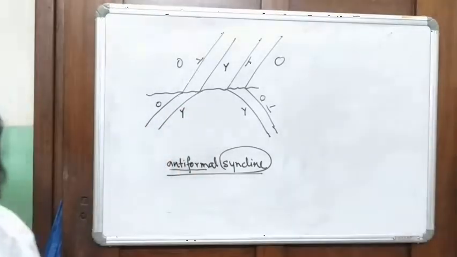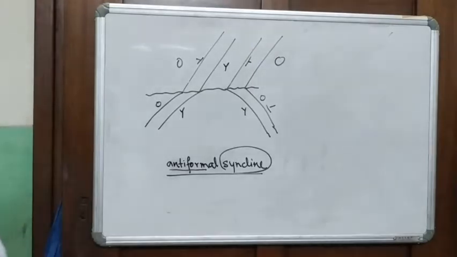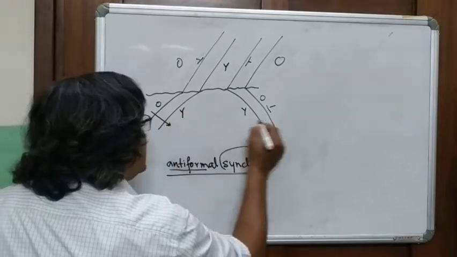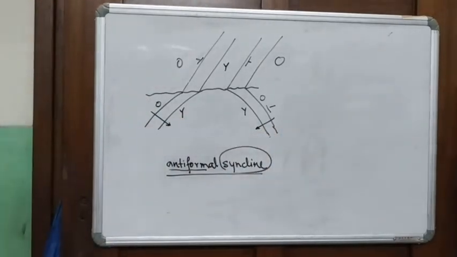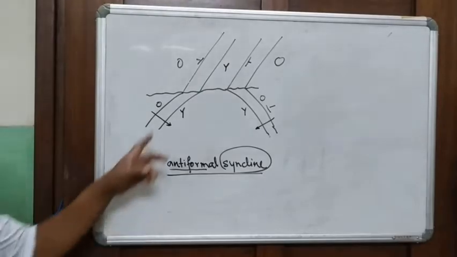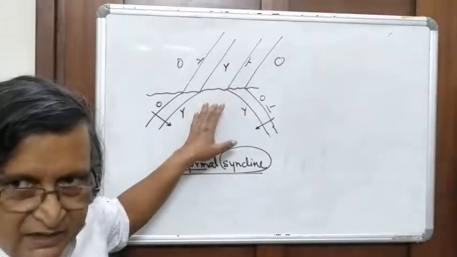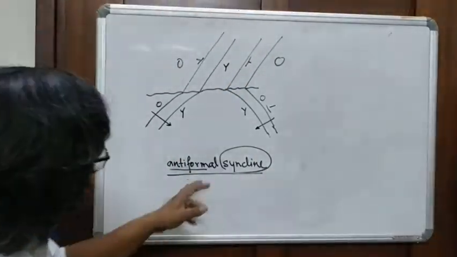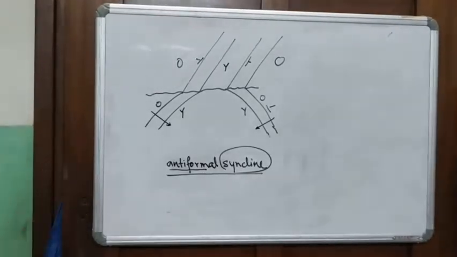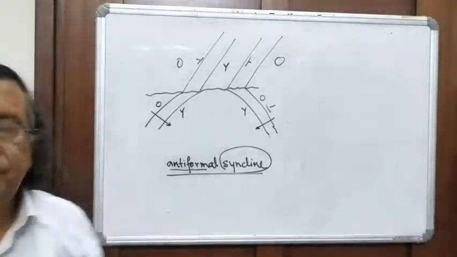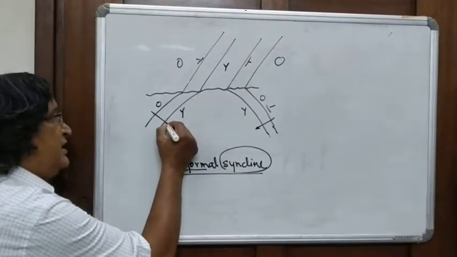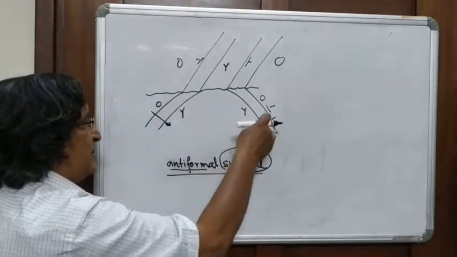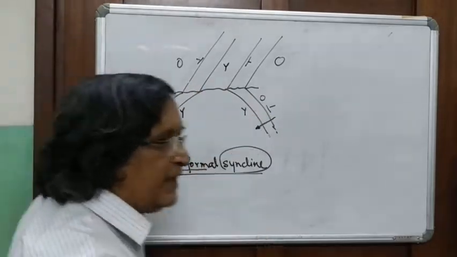But what you see here is something very, very interesting. Here you see the stratigraphic succession has been inverted. So this is similar to an antiform, but stratigraphically it has the characteristics of a syncline. If you have to combine the two, then the only option is that the stratigraphic sequence of the folded layer has been inverted.